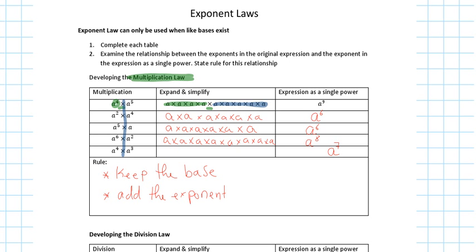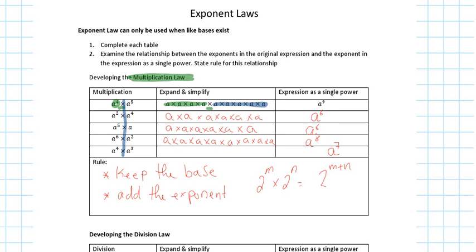Okay? So if I have 2 to the power of m times 2 to the power of n, I have the same base here. What's my base? 2. So I keep my base as 2, and then I add m plus n. Whatever m and n are, doesn't matter. I just keep my base as is, and I add my exponents.